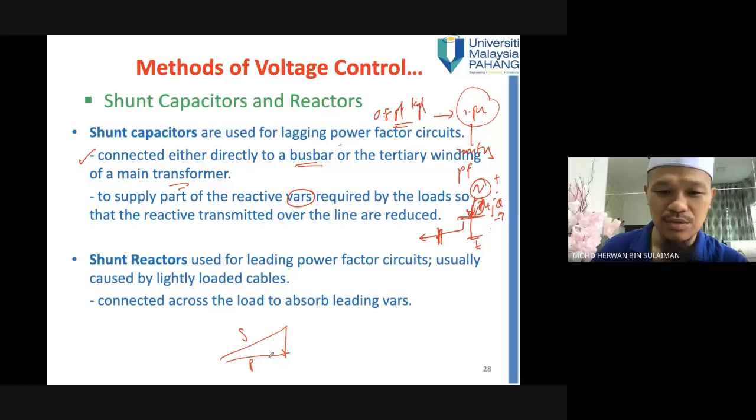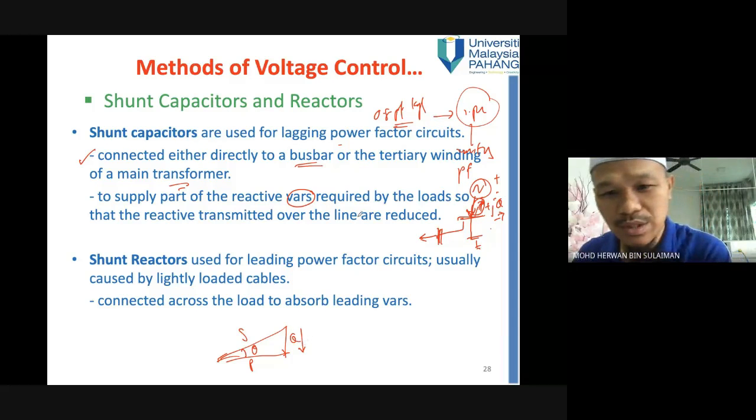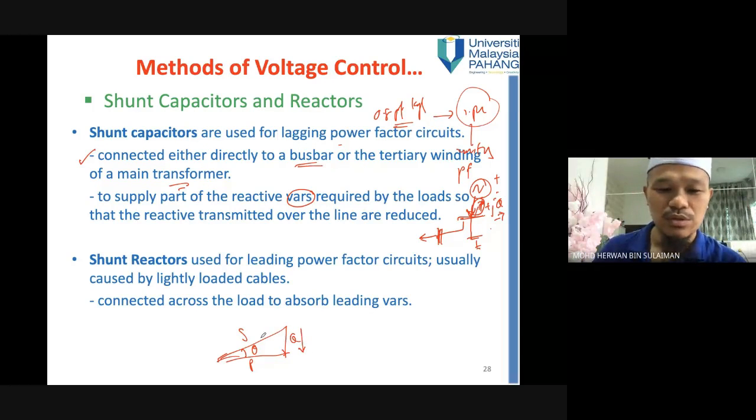This is your S, this is your P, this is your Q, and you have theta here. When you inject a capacitor, you can reduce the Q value. So your S is as close to P as possible, because Q is closer to zero.